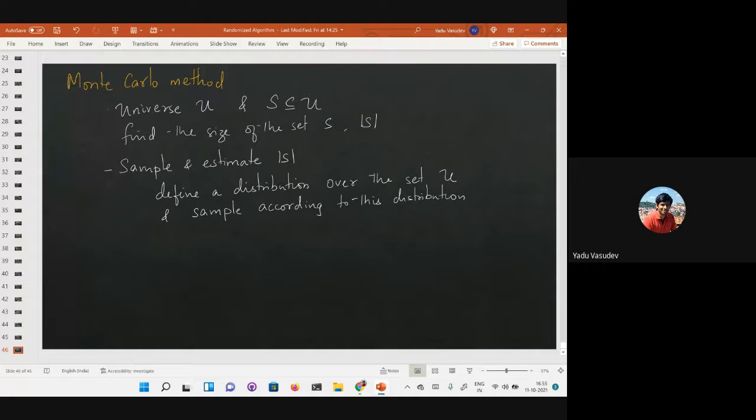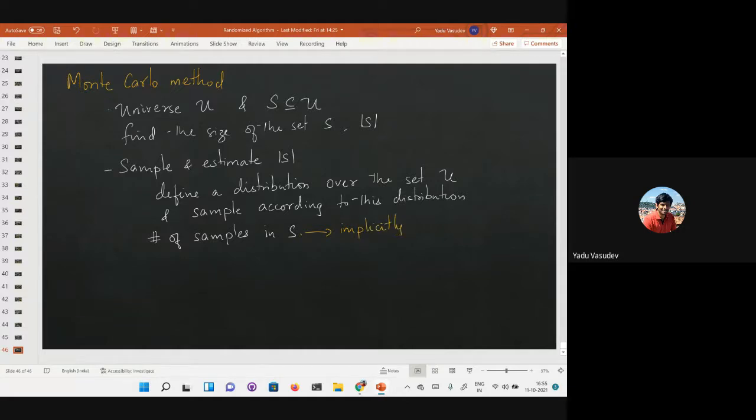You look at the number of samples in S. The point to note here is that S is implicitly defined.